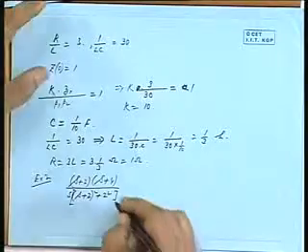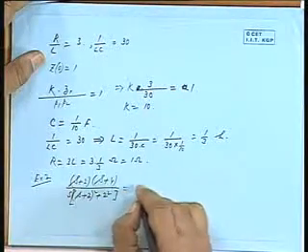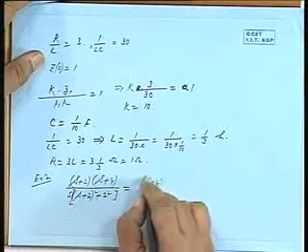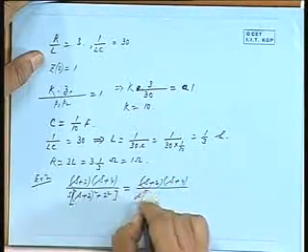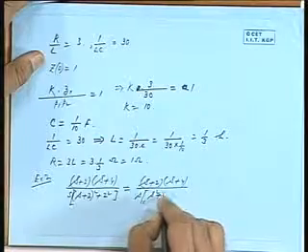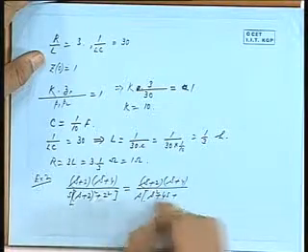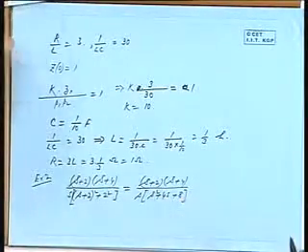Okay. Suppose this is a function. You may write this as s plus 2 into s plus 4 divided by s into s square plus 4s plus 8. Basically this is the function.